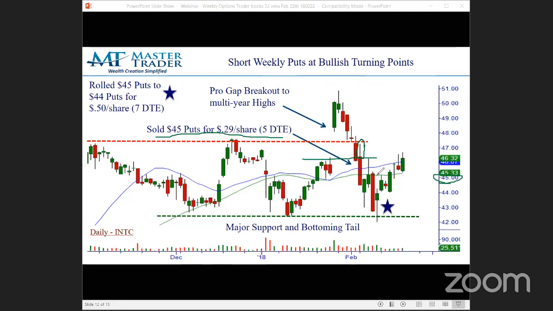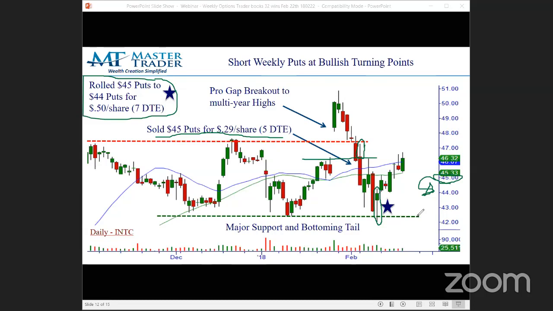So a couple days later, once I had this nice bottoming tail, here's what we did. We rolled those $45 puts down to the $44 puts. When you roll them, we rolled this what's referred to as down in price and out in time.